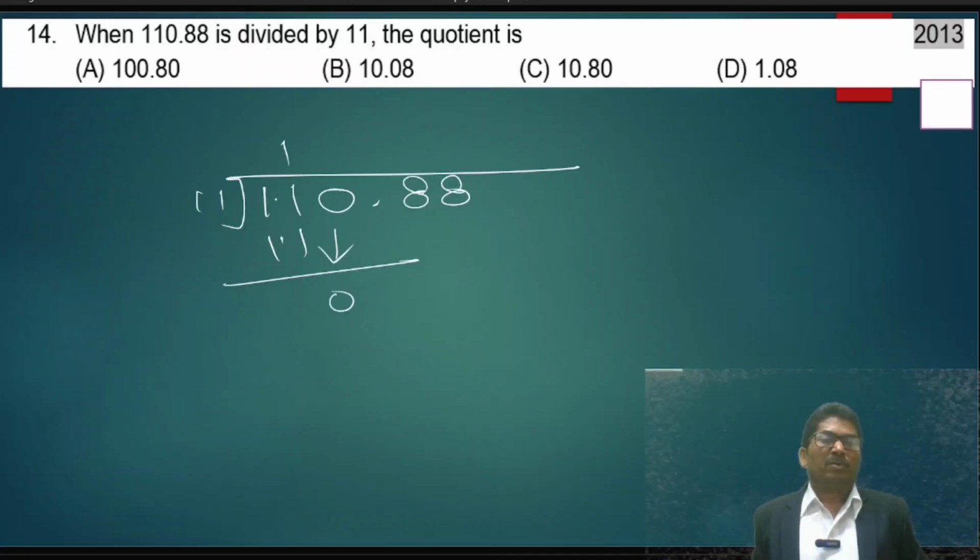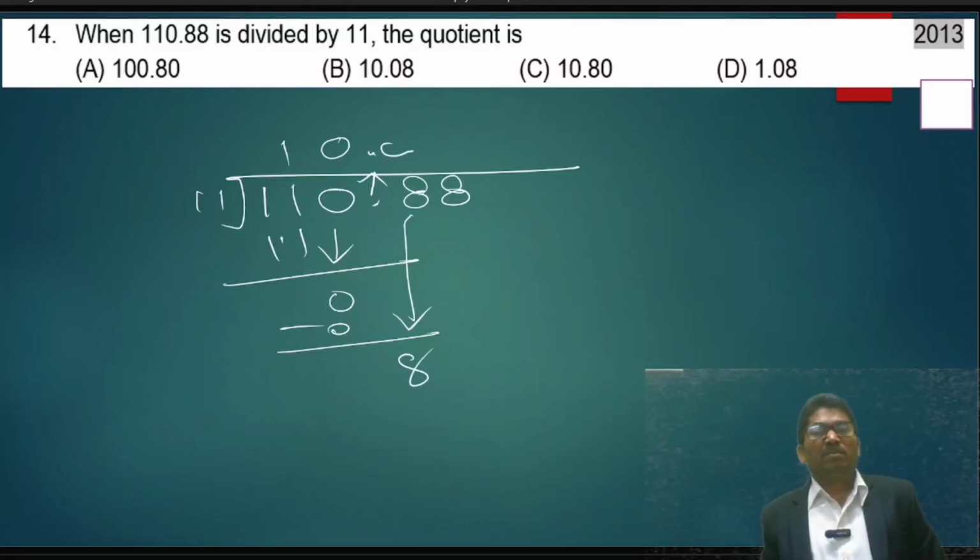Bring down 0. 11 zeros are 0. 0 only. Place this decimal point in the quotient, then bring down this 8.